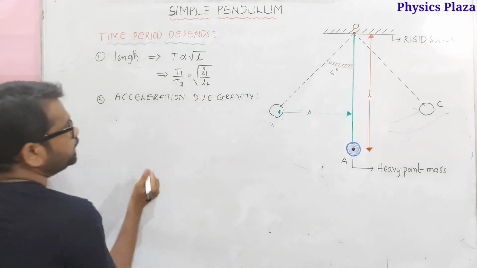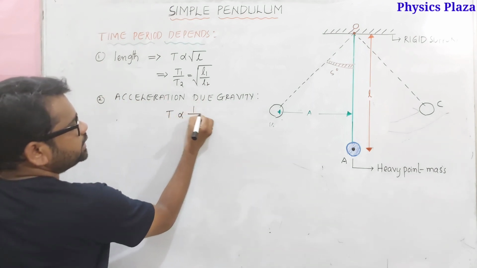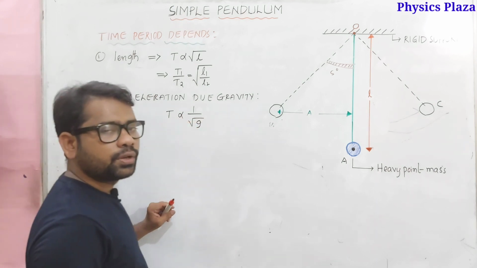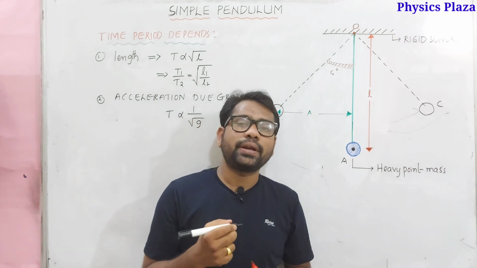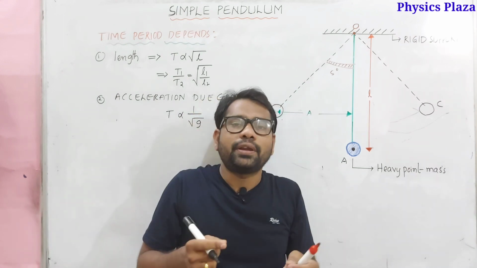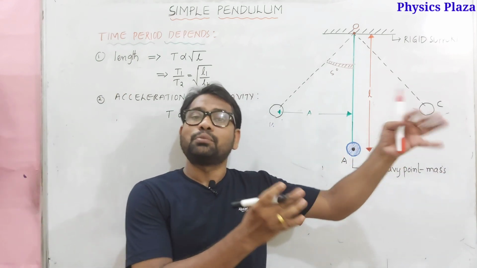So experimentally it is noticed that the time period of a simple pendulum is inversely proportional to the square root of the acceleration due to gravity. Then how can we compare the time periods of two simple pendulums when identical pendulums are placed at different places, for example an earth surface and a moon surface?